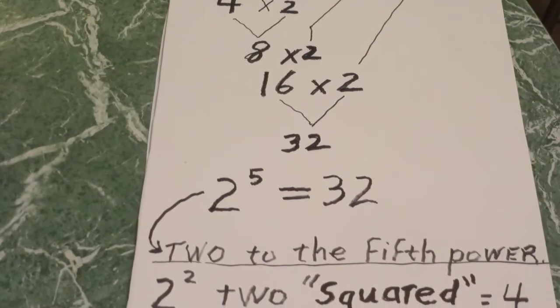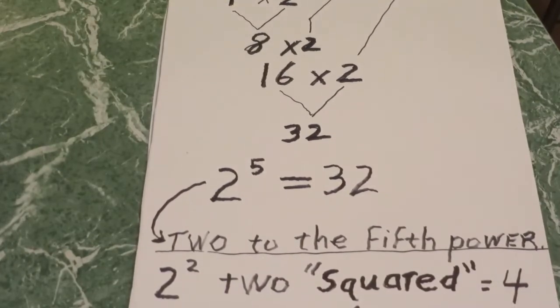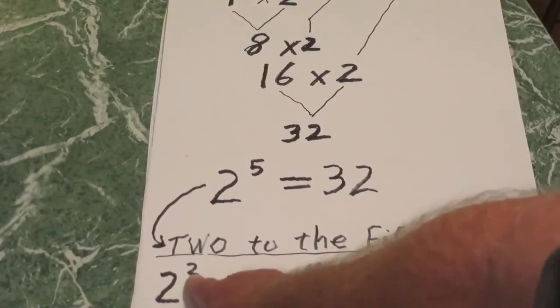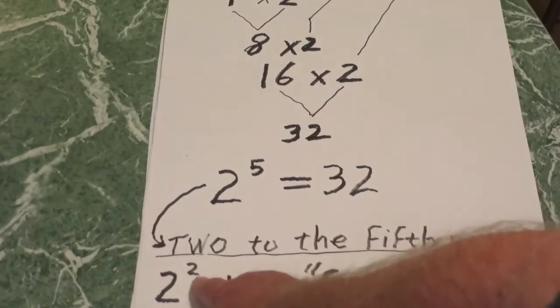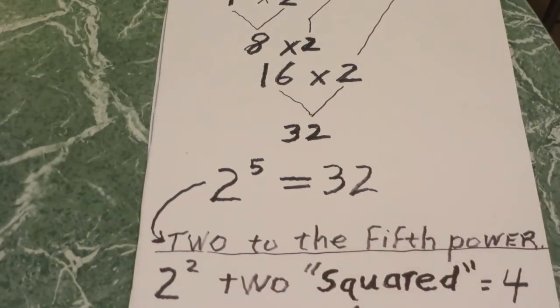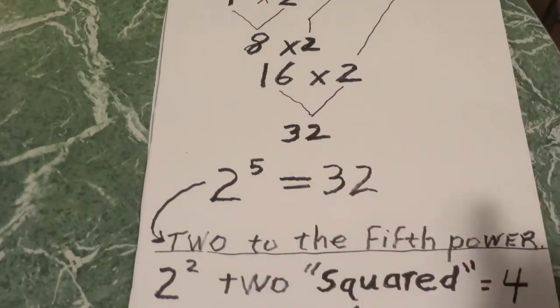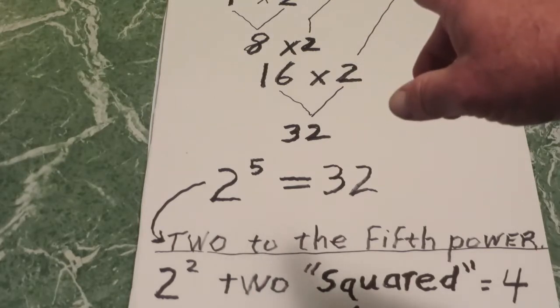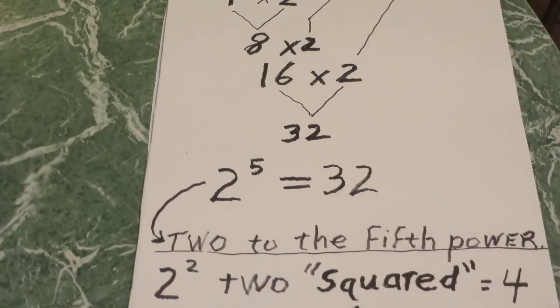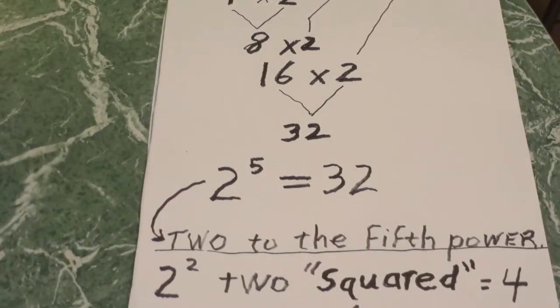Most of the time, very often, we'll use just some number to the 2nd power. When you see that, it's called squared, and later on in geometry you'll see that it's because when you multiply a square's side, one side multiplied by itself will give you the area of the square.